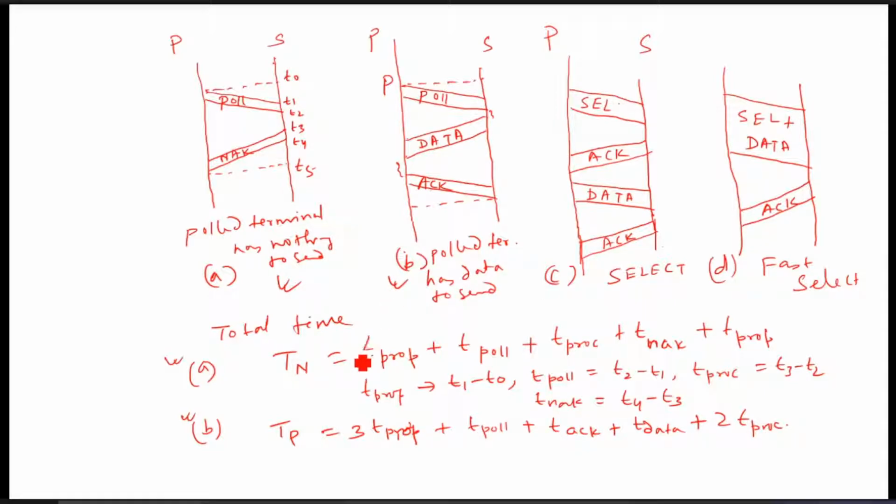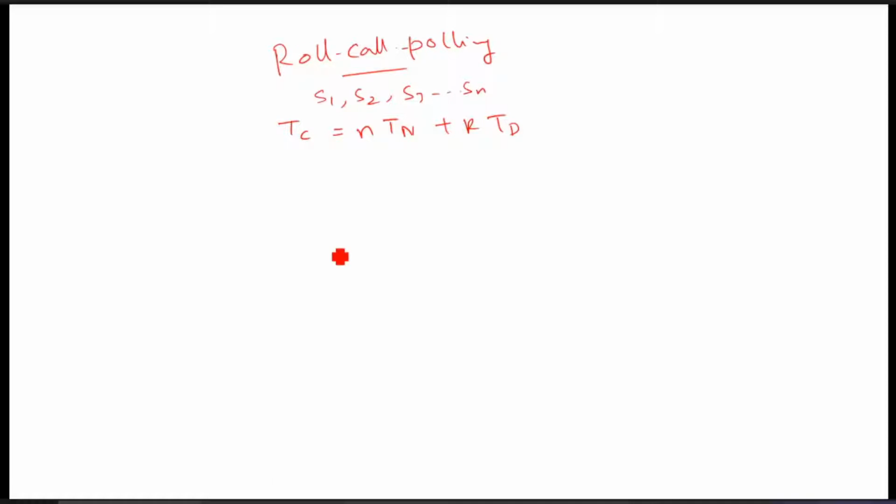So Tc is the time for one complete polling cycle. There are n stations, and Tn is the average time to poll a secondary, exclusive of data transfer.